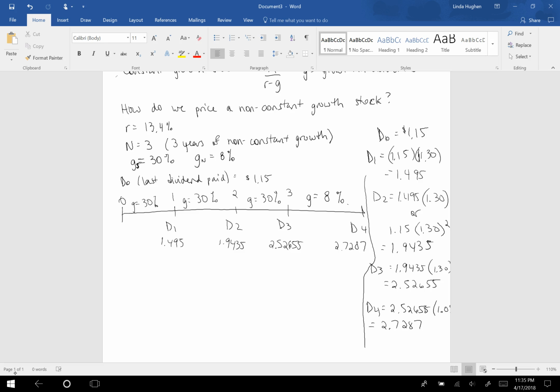All right, so next thing we need to do is think about what is the present value of this cash flow stream. We need to discount D1, our first dividend, 1.495. Discount it by 1 plus the required return, 0.134. And this will give us the present value of this first dividend, which is 1.318.